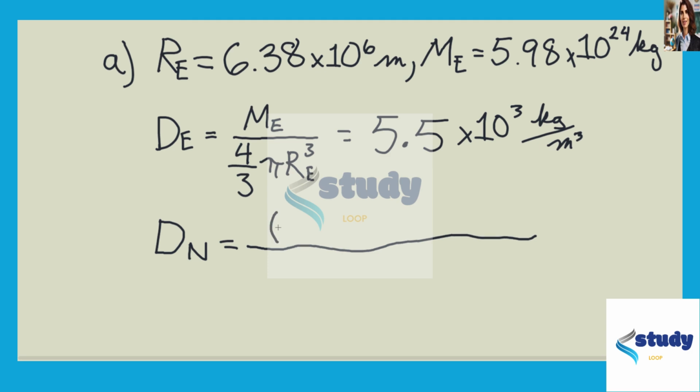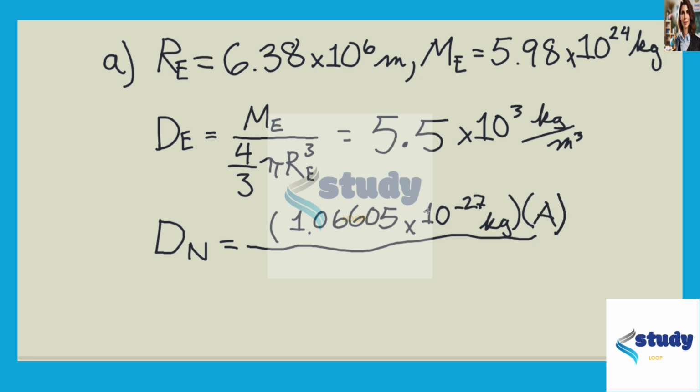The mass of atomic nuclei can be written as 1.06605 times 10 to the negative 27th kilograms times the atomic mass number of the element in question, which we're going to call here A.